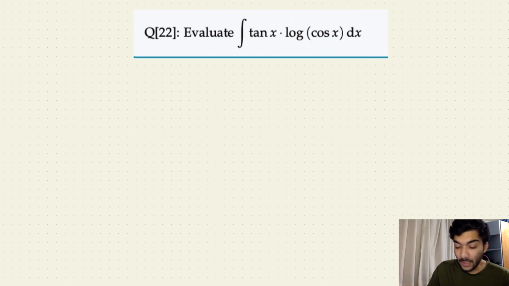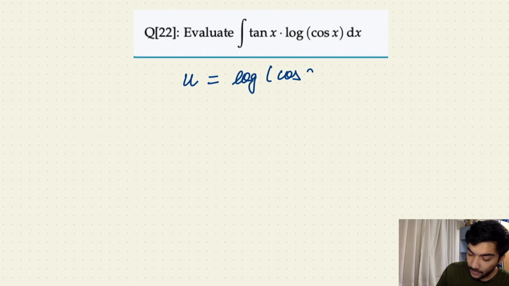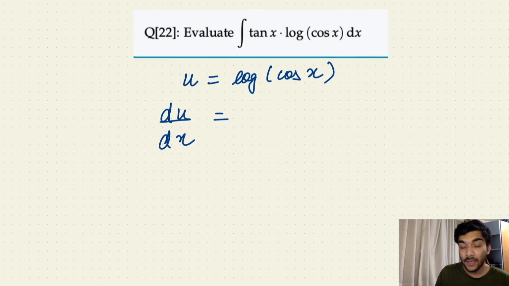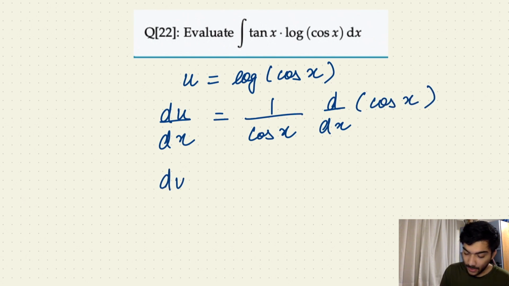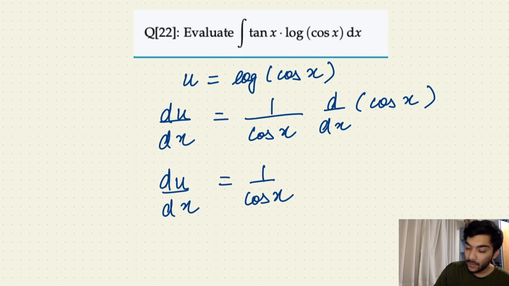So that is why it would not be much useful to take cos of x as our u function. But what if we take log of cos x as the function? Let's suppose our u is log of cos x. In this case, if we take the derivative of u with respect to x, we know that the derivative of log is 1 over that part which is inside the bracket, so it would be 1 over cos x, and because of the chain rule we'll have to take the derivative of cos x as well, right? So du by dx is 1 over cos x times the derivative of cos x, which is minus sin x.